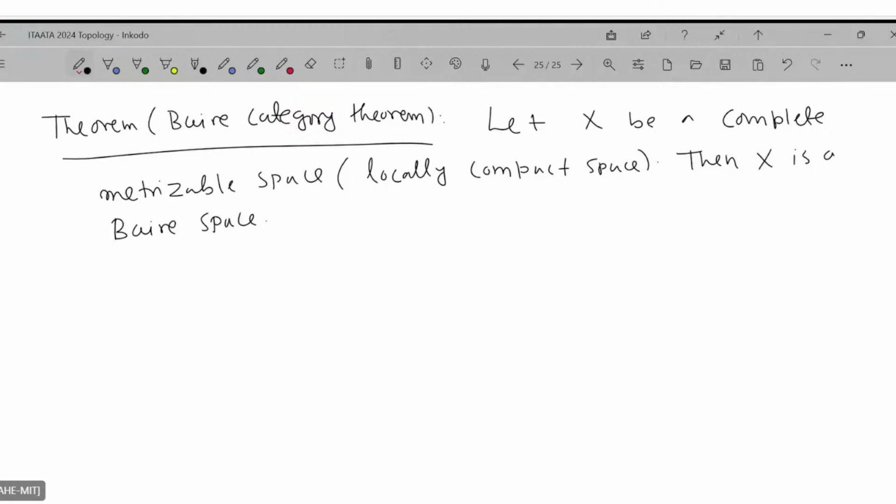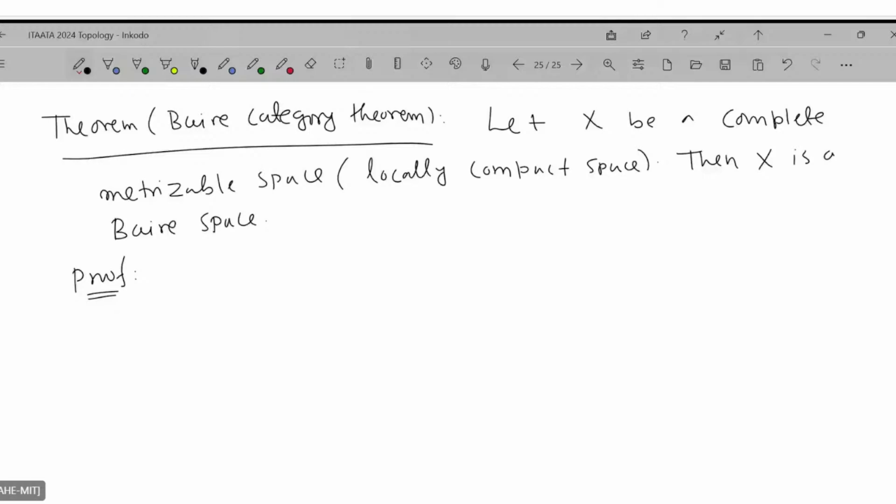That's obviously not a metric space. You can find on the internet a database of topological spaces, which will tell you what properties a topological space has. Okay, let's prove it.